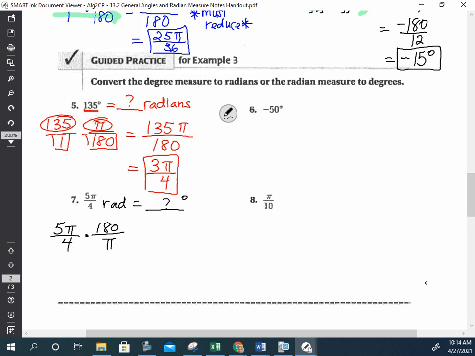Again, we multiply from left to right. 5 pi times 180 is 900 pi. 4 times pi is 4 pi. So the pi's cancel out, and we'll let the calculator do its work. 225 degrees.